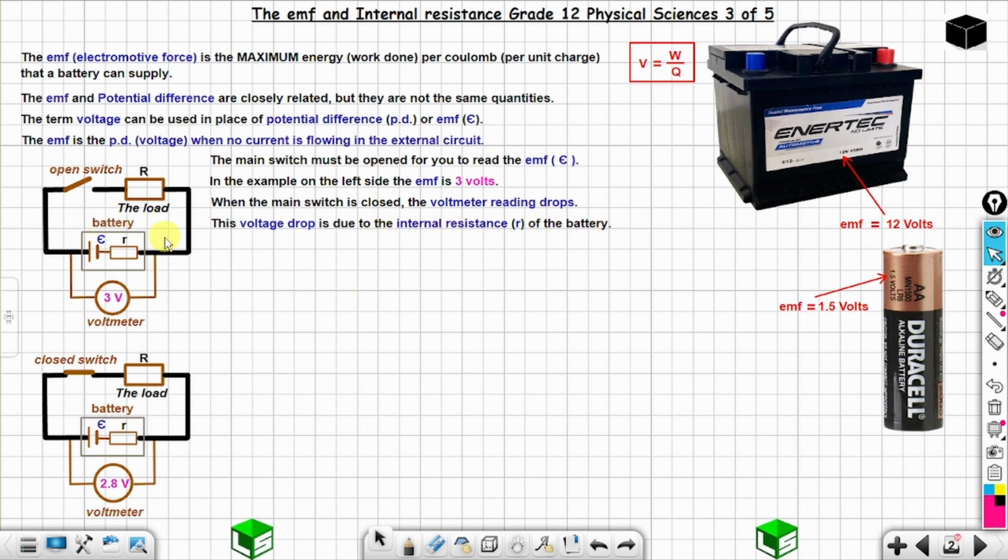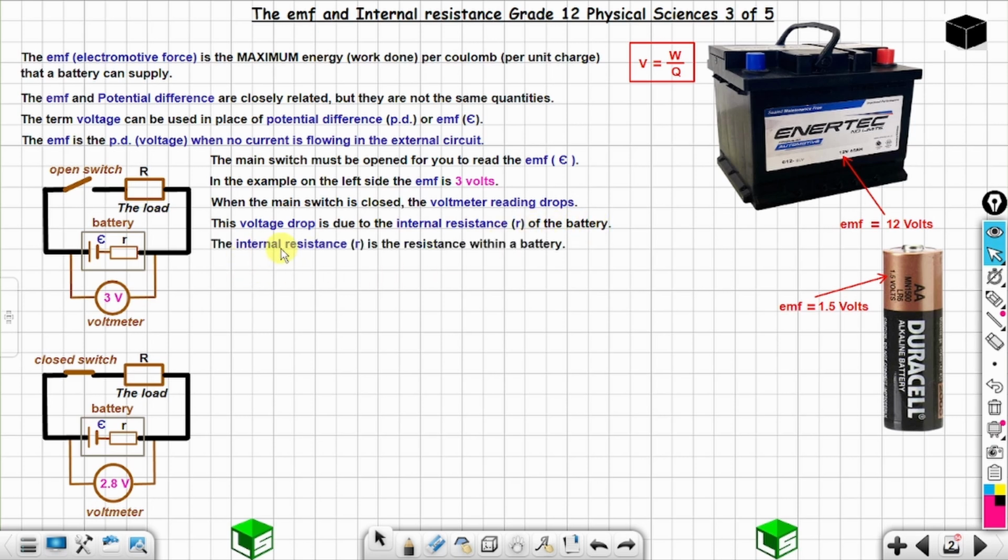The battery has got an internal resistance. The internal resistance of the battery is using some of the energy per coulomb within the battery. So this voltage drop is due to the internal resistance of the battery.